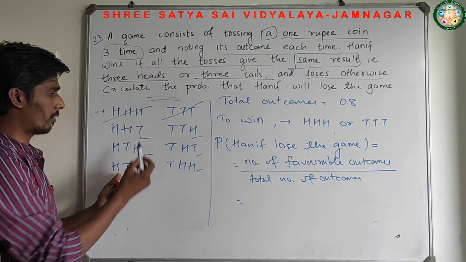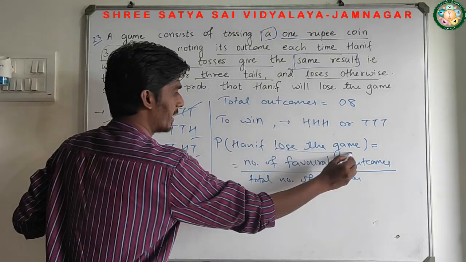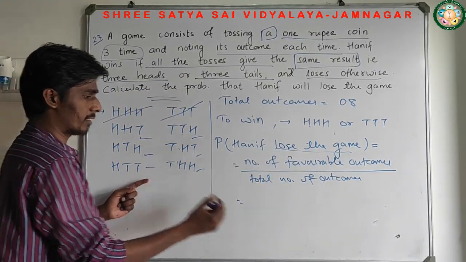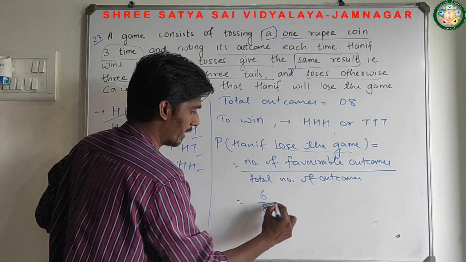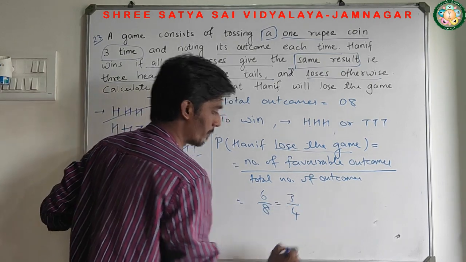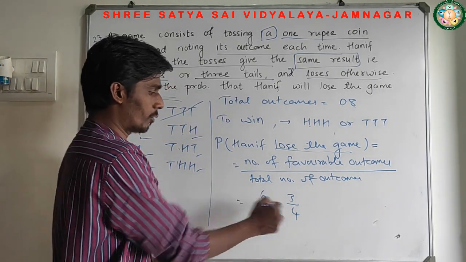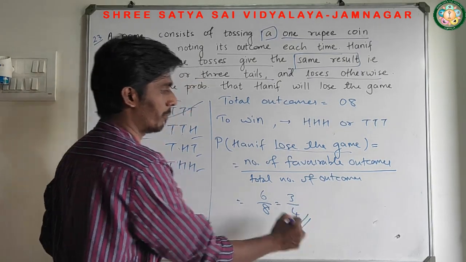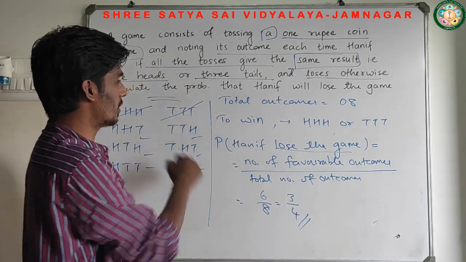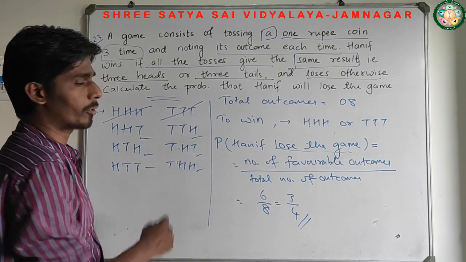The favorable outcomes to lose the game are 6. So it's 6 upon 8. The answer is 3 by 4. 2 3s are 6, 2 4s are 8. So our answer is 3 by 4. This is the way we can solve the question.